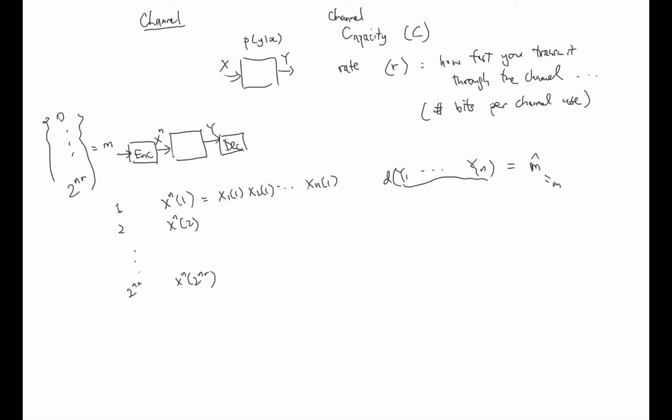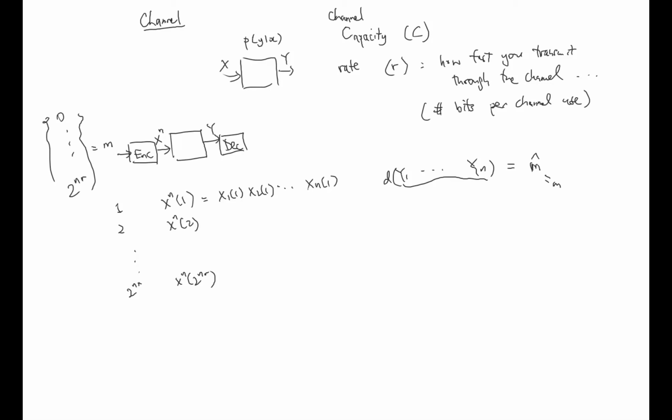So now I hope it's clear why I pick the number of messages to be 2^(n R_out). So let's see why I want to do that. Because if I pick that, then the rate will be R_out. What should be the rate? It is how many bits I can transfer through the channel per channel use, right?